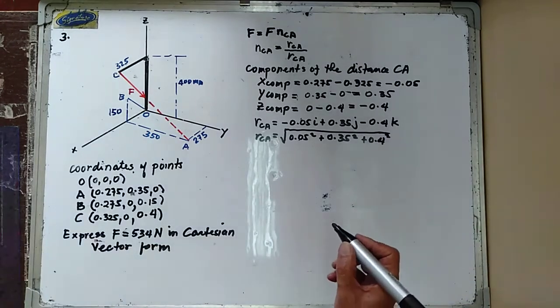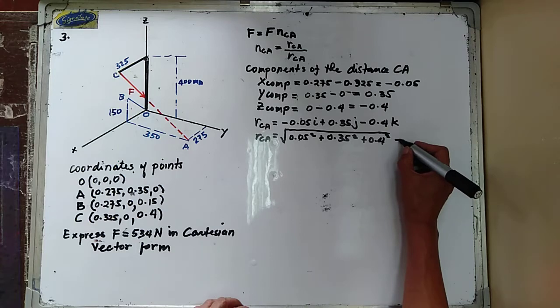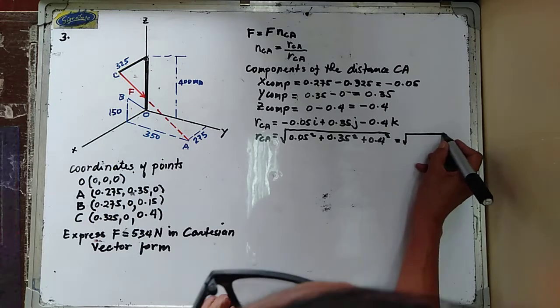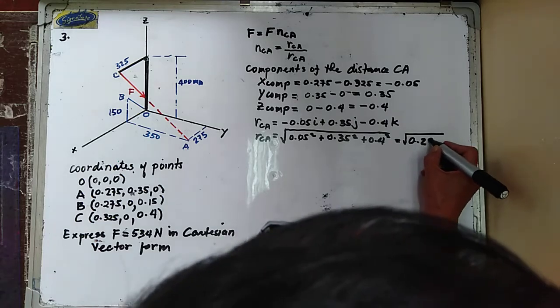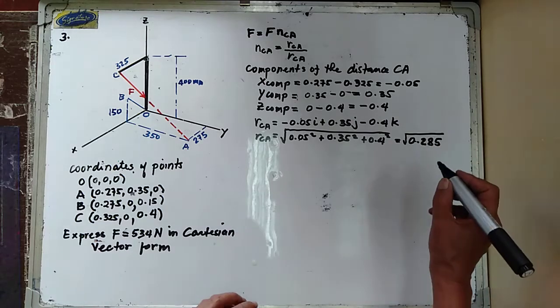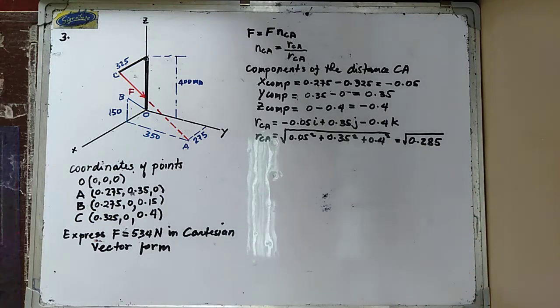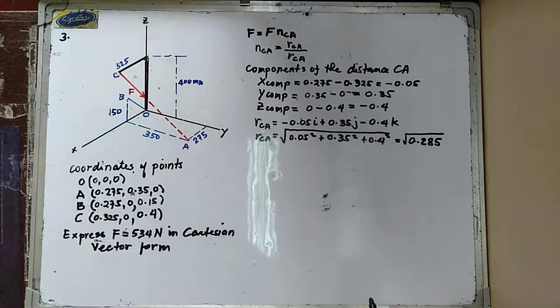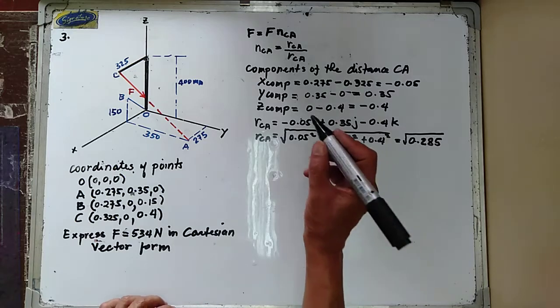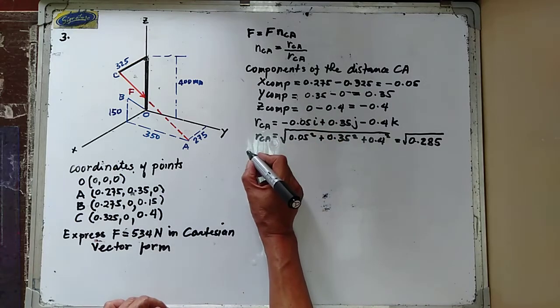And this is equal to the square root of 0.285.